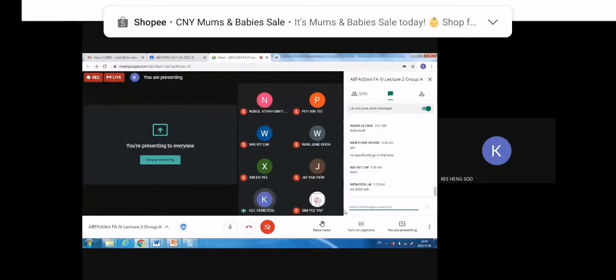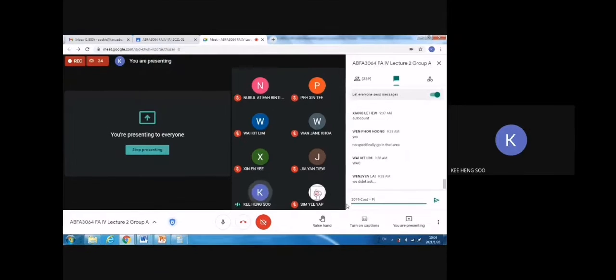Think in 2019, cost will be equal to purchases, 40 cents times 1,000 marks equal to 400.